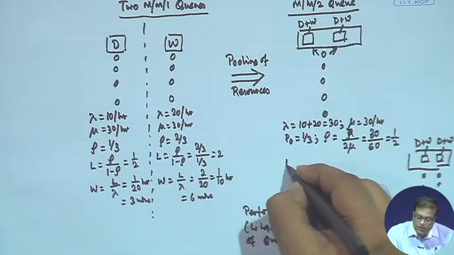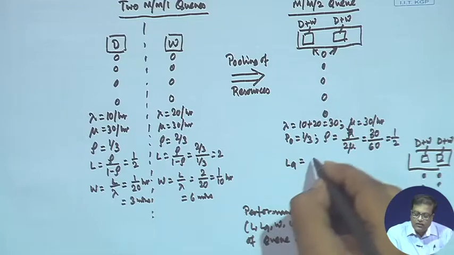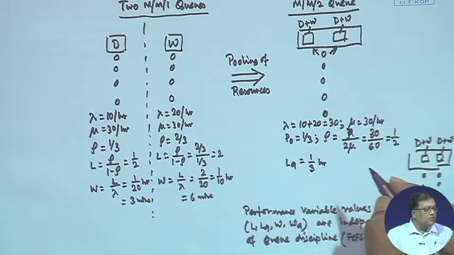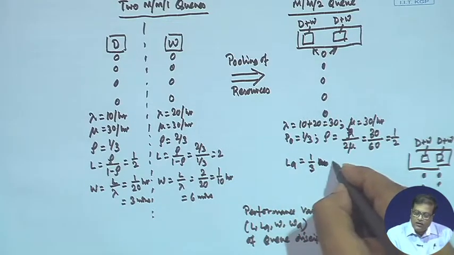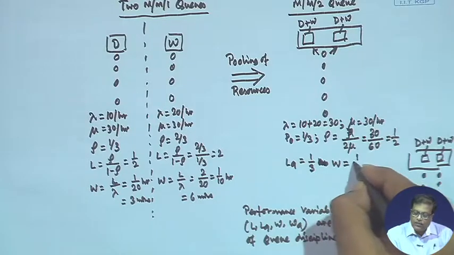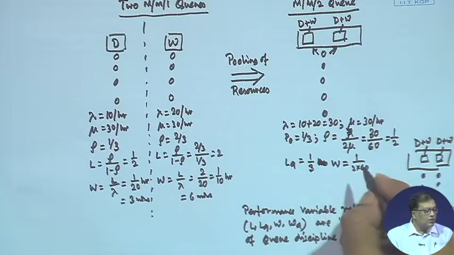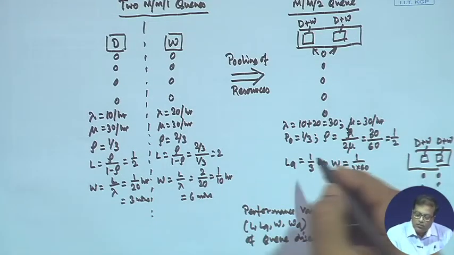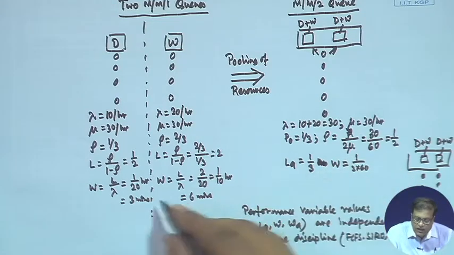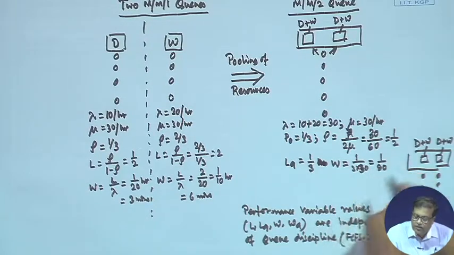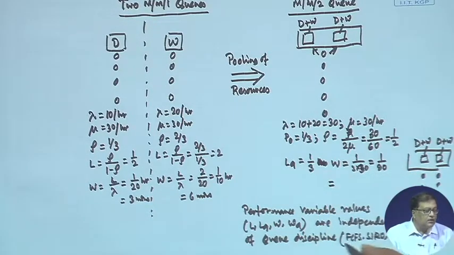And the computation of LQ using the formula also comes out to be 1 by 3, and W comes out to be 1 by 3 into 60, because W is L by lambda, and lambda is 30. So, equal to 1 by 90. WQ is 1 by 90.